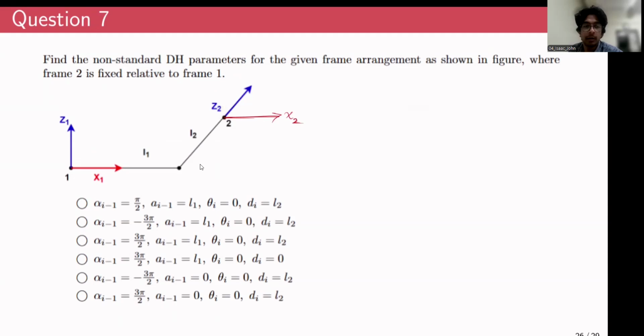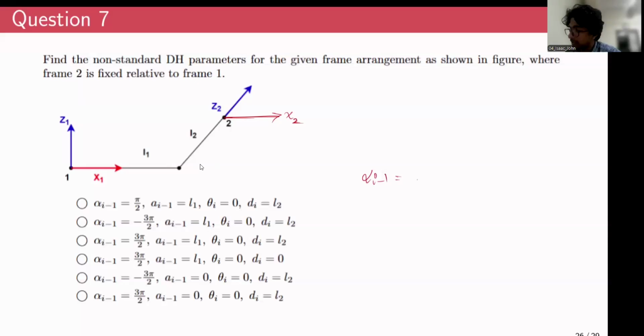So in that regard, what are the DH parameters? We'll start with the first one, alpha i minus 1. What would that be? Any answers?